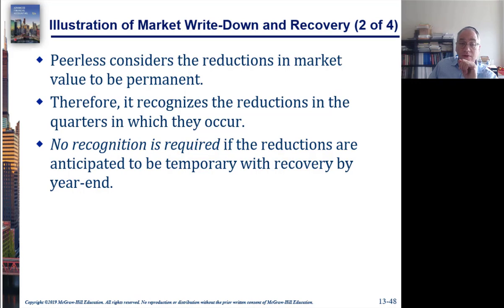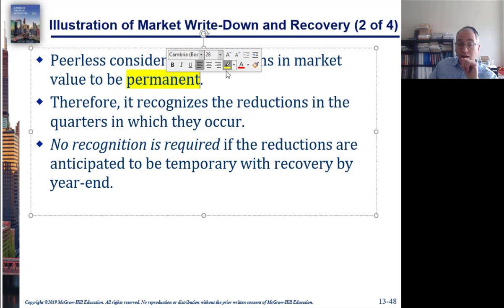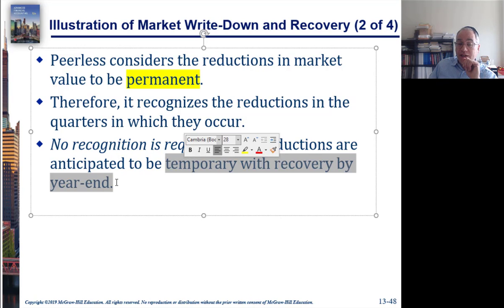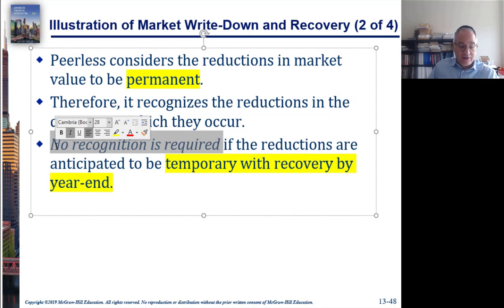So if Peerless considers these reductions to be permanent, then they recognize the reductions in the quarters in which they occur. If they consider these reductions to be temporary with recovery by year end, then no recognition is required.